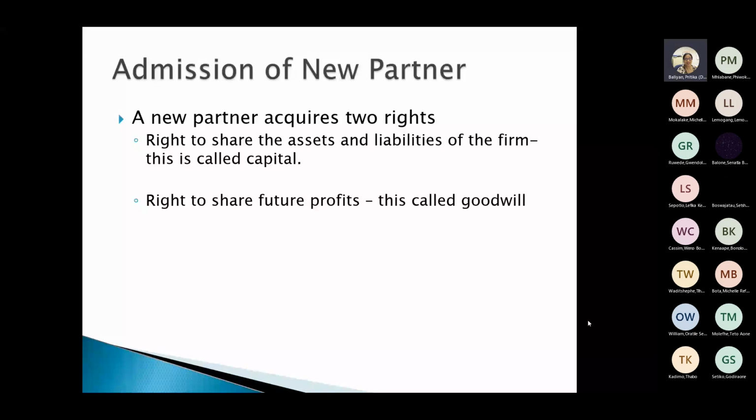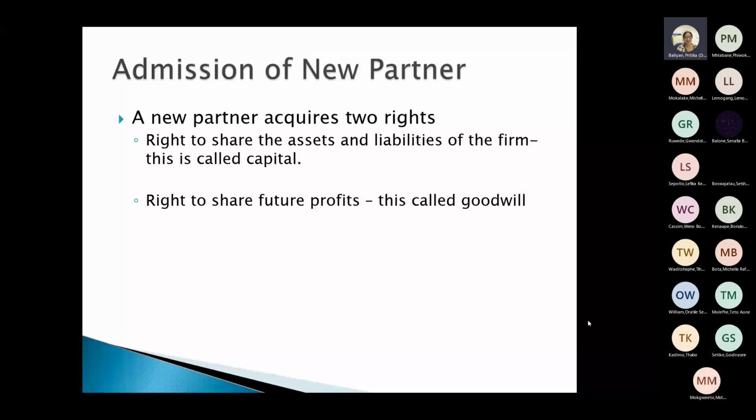But during the running of the business, if they want to allow someone to join the existing partnership, that is known as admission of a new partner. A new partner acquires two rights when joining the business. The first is the right to share the assets and liabilities of the firm, which is called capital.